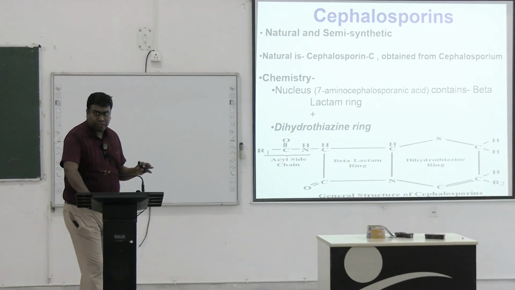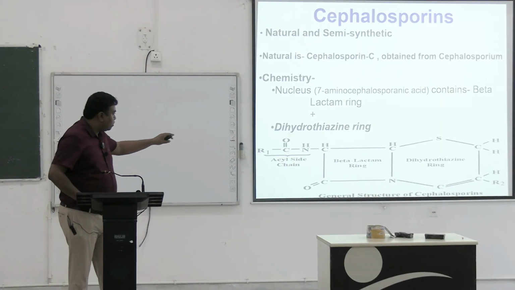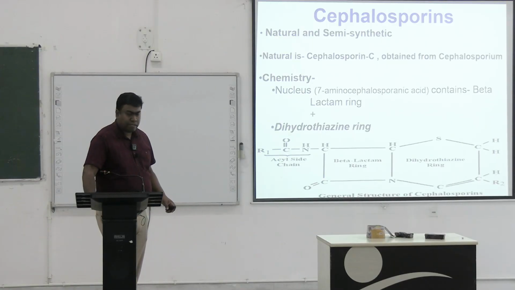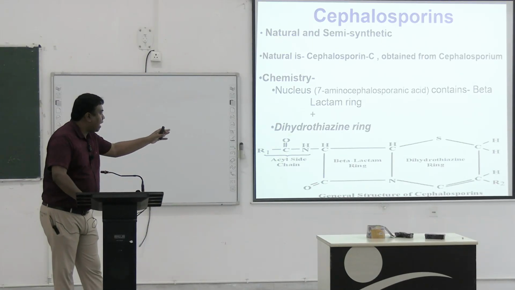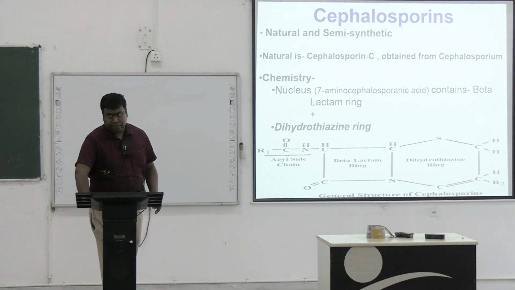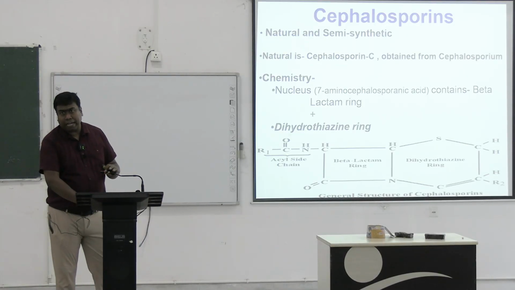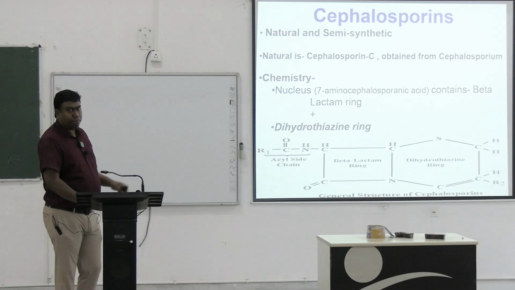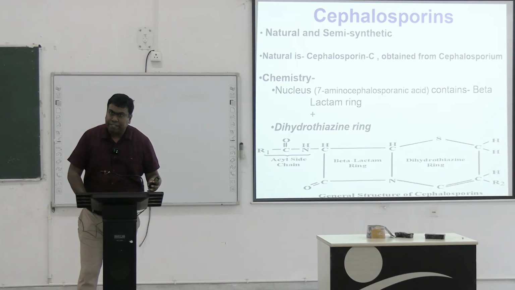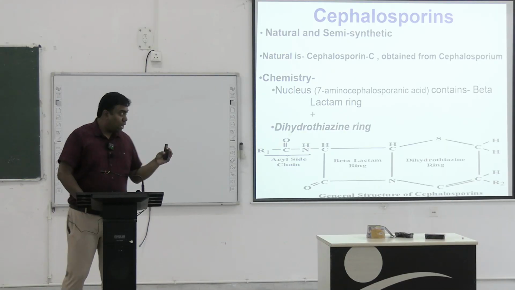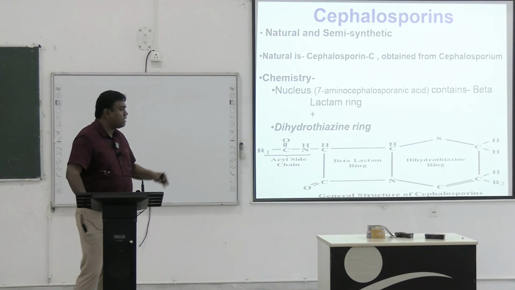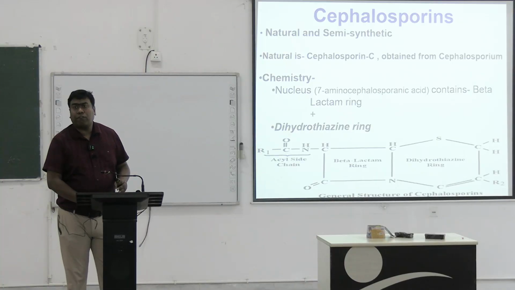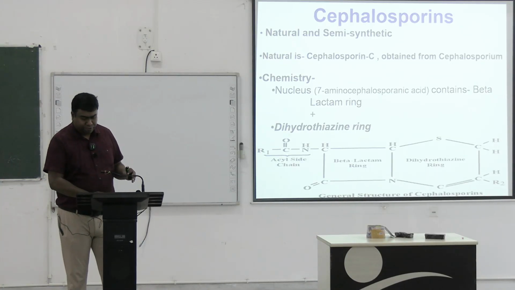Next is cephalosporin. Cephalosporin also has a beta-lactam ring and they have a dihydrothiazine ring. Why is it important? The beta-lactam ring is important for its pharmacodynamic activity, whereas the dihydrothiazine ring is important for its pharmacokinetic activity.